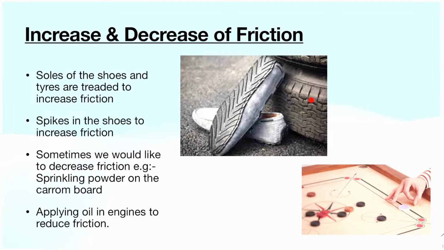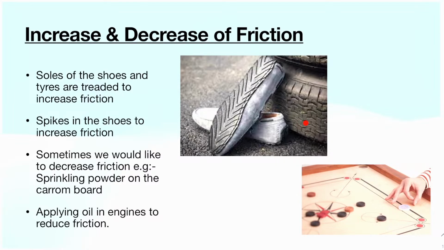Similarly, even the wheels are threaded so that they get a good grip. If these threads are worn out or it becomes bald, it is time to replace your tires. Otherwise, if you're traveling at a very high speed and you apply brakes, your vehicle would skid and it may lead to accidents.